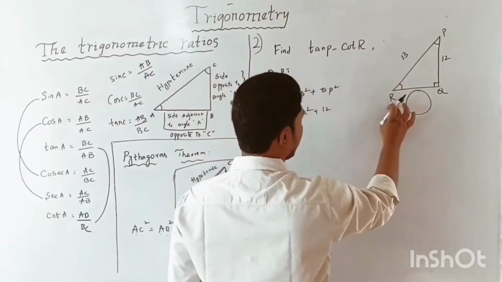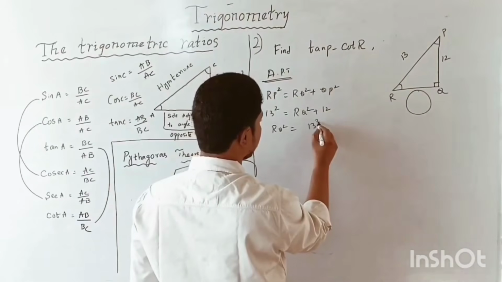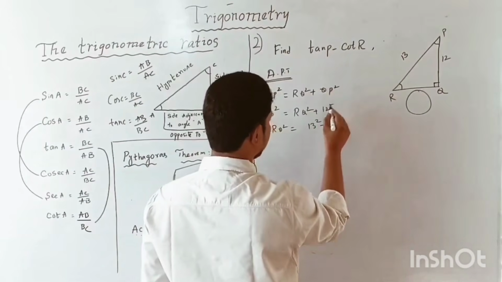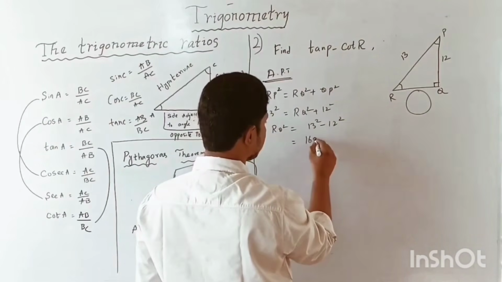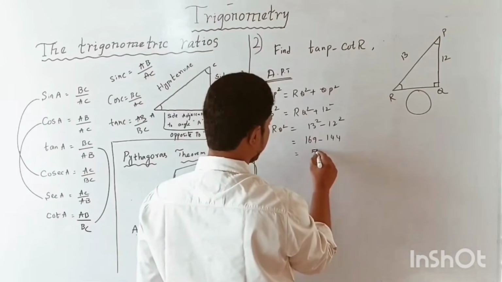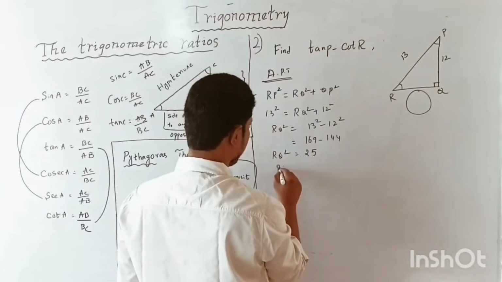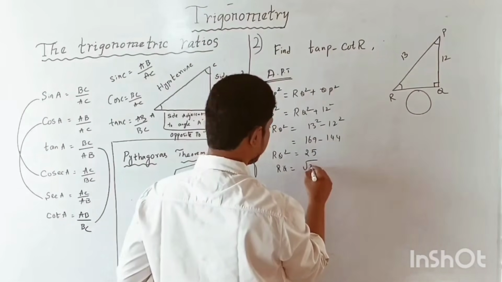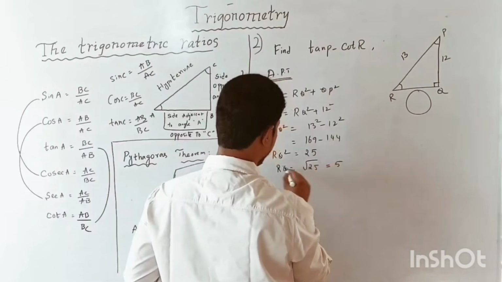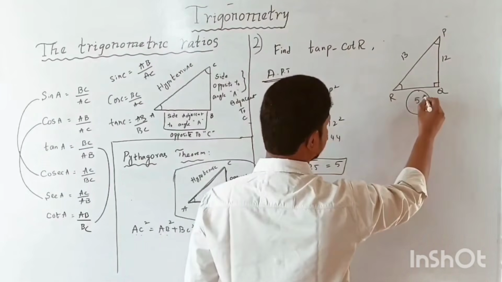We have to find RQ square. Then RQ square is equal to 13 square minus 12 square, that is 169 minus 144, that is equal to 25. That is, RQ square is equal to 25. RQ is equal to root 25. Root 25 is 5. Now we have the value of RQ, that is equal to 5.